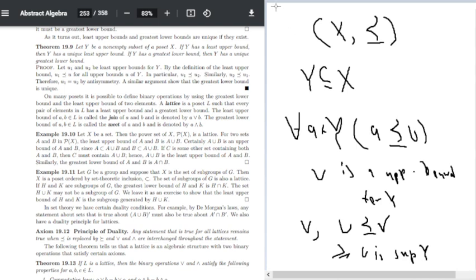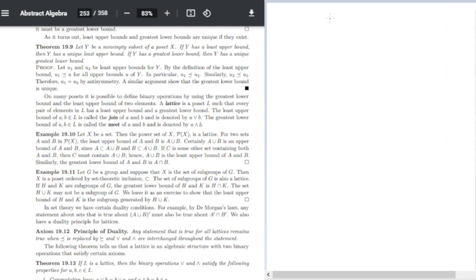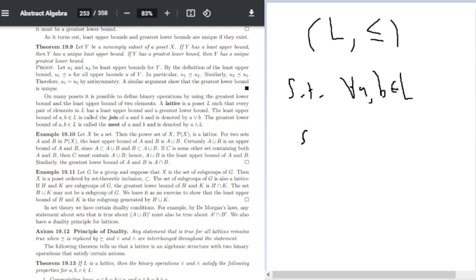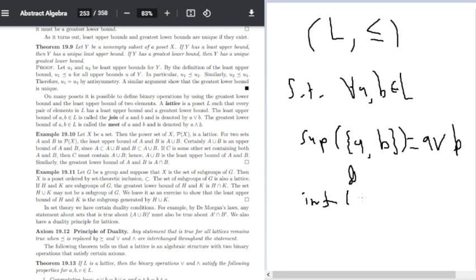Okay, let me write this out. So a lattice is a poset such that for all a, b in L, the supremum of the set {a, b}, written a union b, or a or b, and the infimum of {a, b}, written a and b, exist.